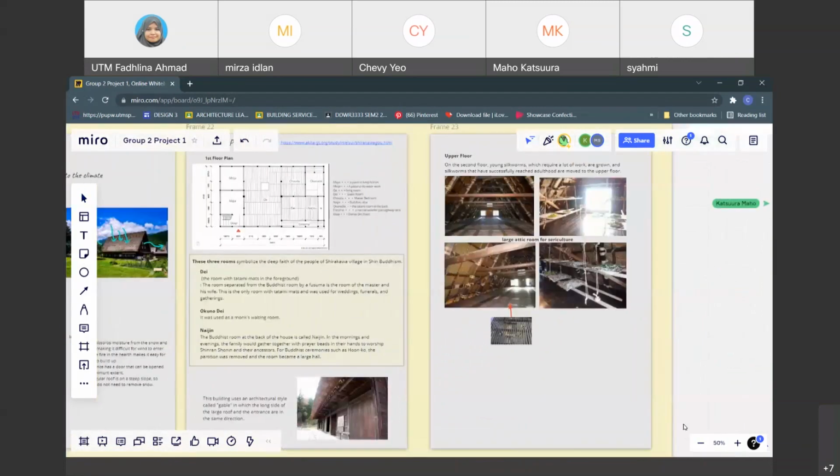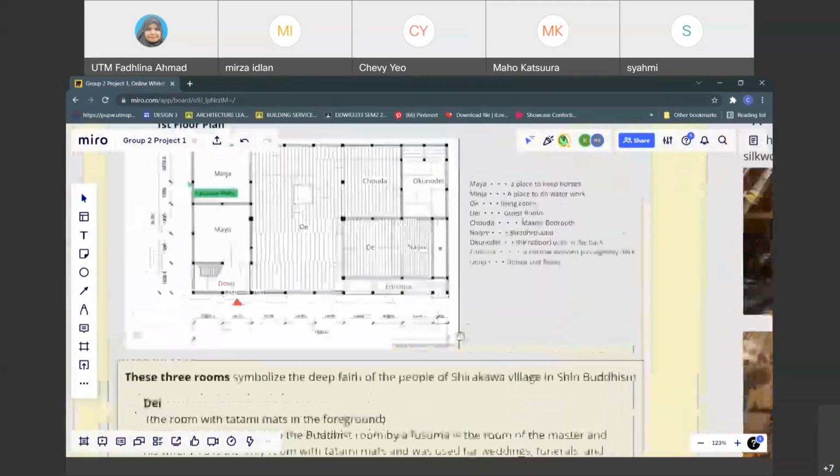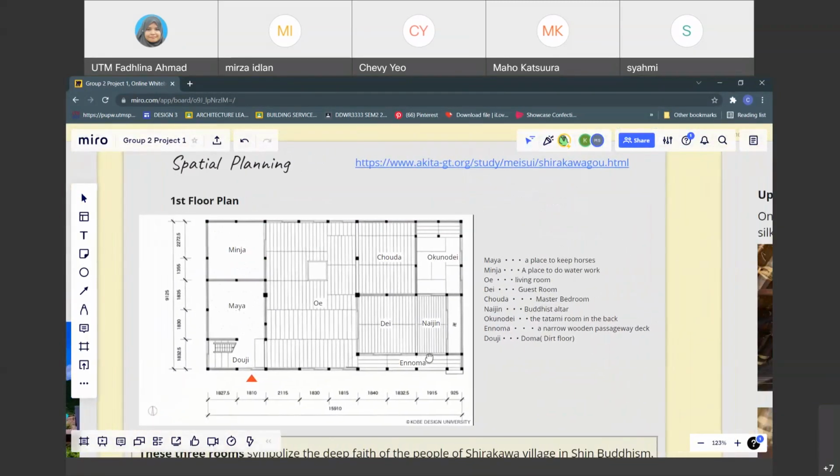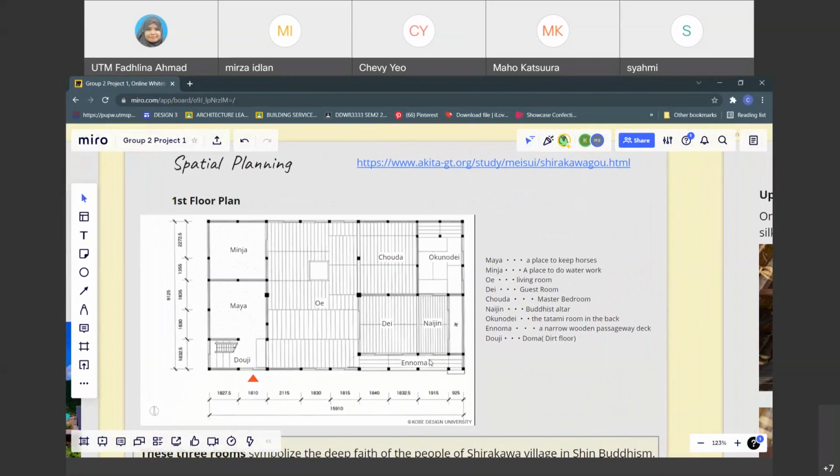Maho, can you show your plan just now? I just want to see. Where is the attic? Is it over here? Attic is the second floor.